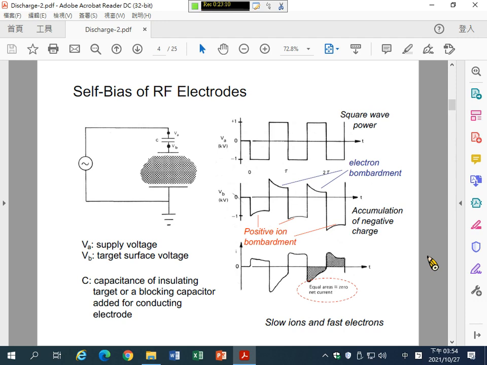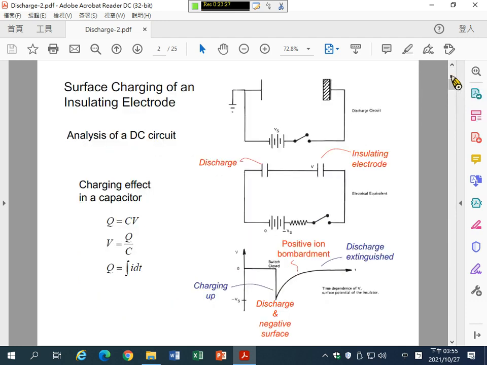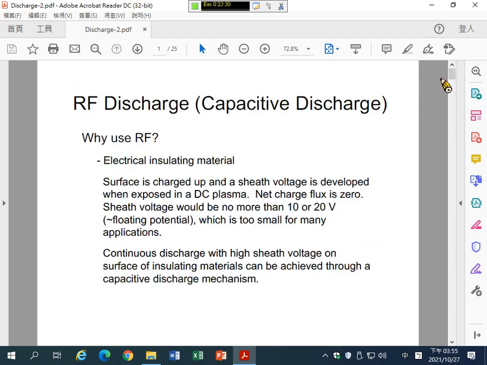We also need to know the potential, or the switch voltage, on the surface of the insulating material. Because at the beginning of this class, we already learned that in a DC plasma system, the switch voltage on the surface of the insulating materials is about 10 to 20 volts.